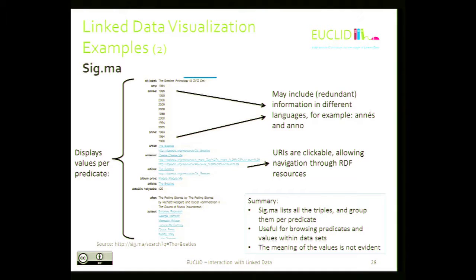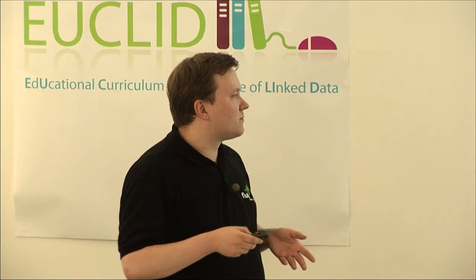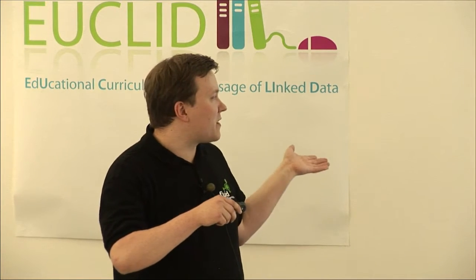But of course, the big disadvantage is that for every property, it lists every entry. These may be available in many different languages and so on. So you may end up with a lot of information, for example for the predicate année here, which may not be intuitively clear to a user as to what it actually means.